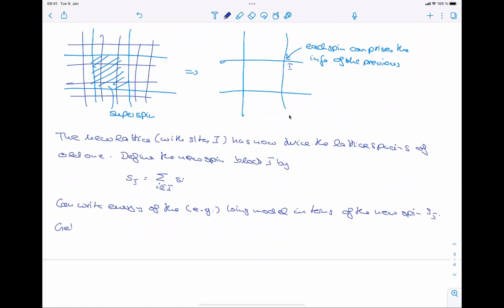And I obviously get similar interactions between these block spins.